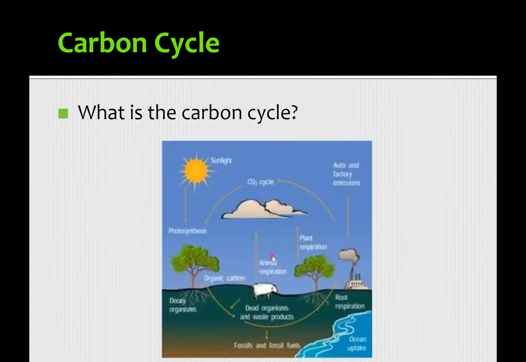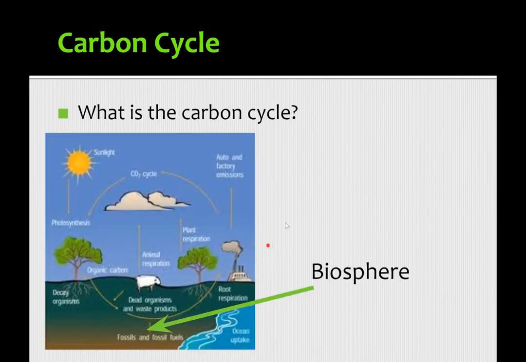So the carbon cycle is the movement of carbon through the biosphere. Remember, the biosphere is the part of the earth that contains all living things. Up in the atmosphere, we have carbon dioxide as a gas.